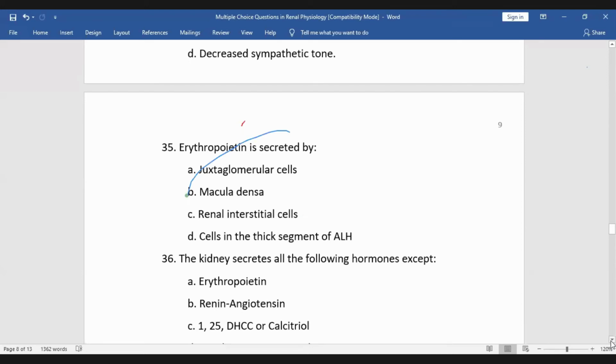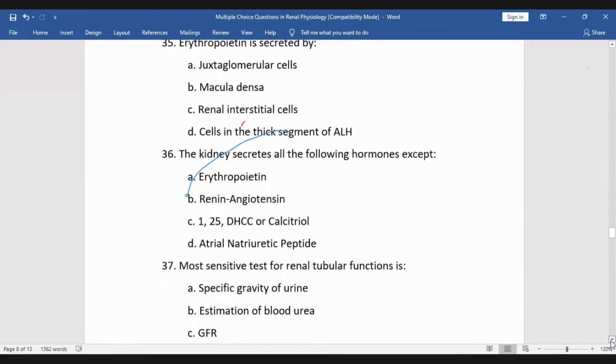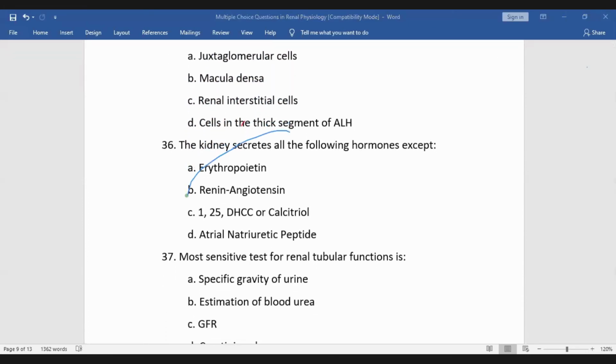Right? The kidney is known as one of the important endocrine organs, ladies and gentlemen. The kidney secretes erythropoietin, agreed, by the renal interstitial cells. The renin-angiotensin system is definitely secreted by the kidney. Now here the question is, the kidney secretes all the following hormones except. Do you think?